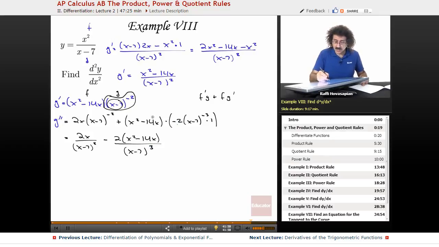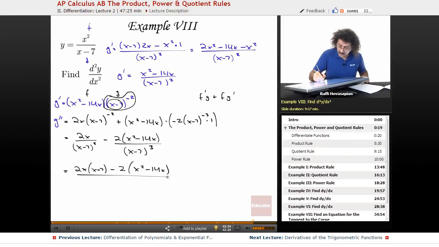The negative 2 and this thing stay on top. I just brought this down. Now I'm going to find a common denominator here by multiplying the top and the bottom by x minus 7 because I want the denominator to be x minus 7 cubed. So this equals 2x times x minus 7 minus 2 times x squared minus 14x all over the common denominator, which is x minus 7 cubed.